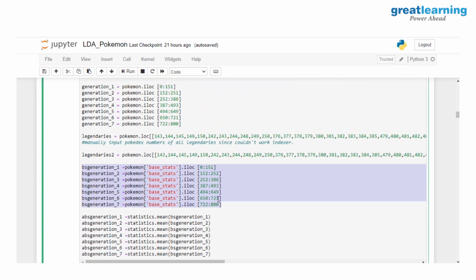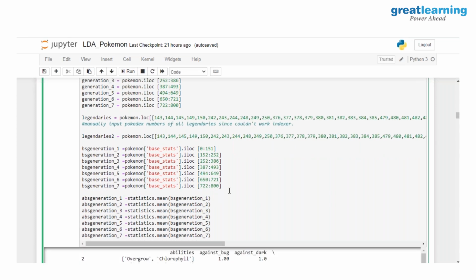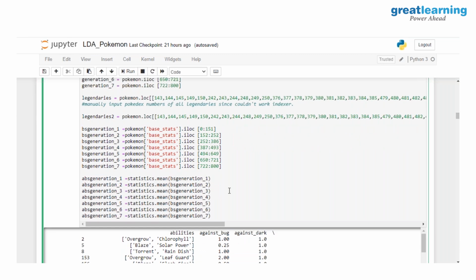And these numbers were primarily to denote the generations, and we also classified on the basis of the legendaries, which, as I mentioned, were the two legendaries that we could work out. So it was completely based on our understanding of how we wanted to explore the data further.